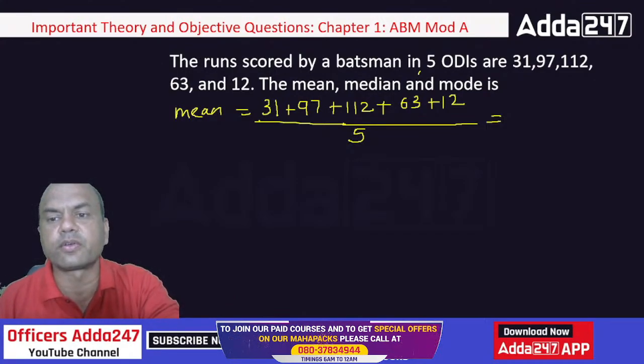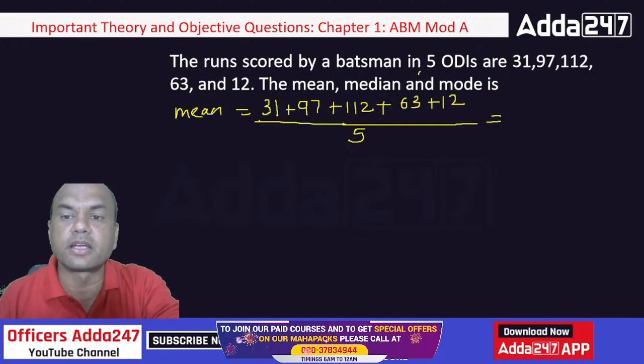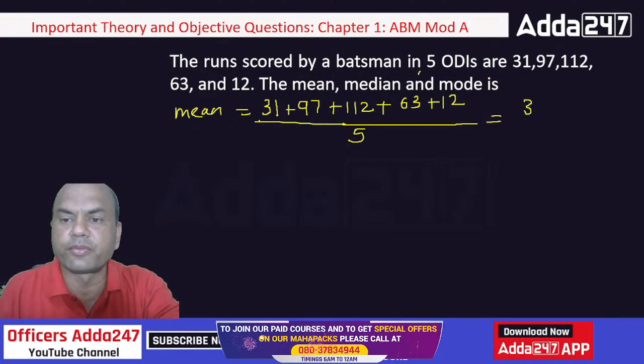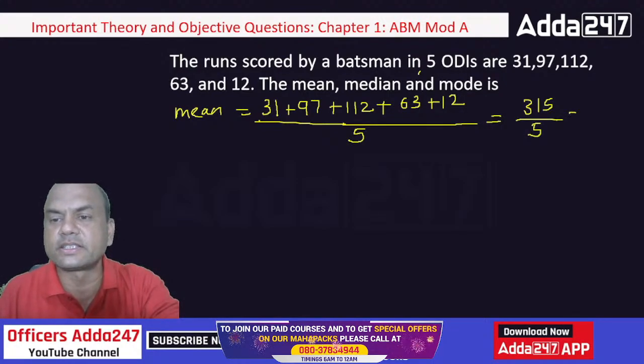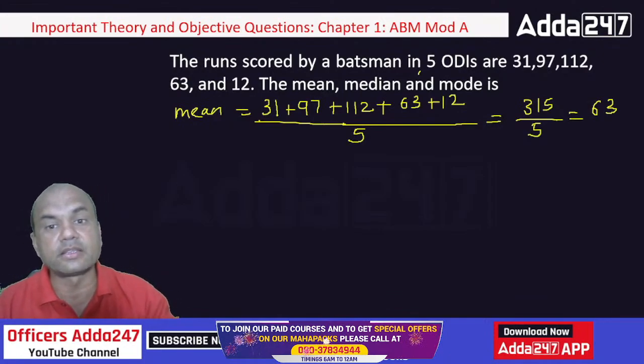Okay, what is the total? It is 315. So 315 upon 5. What is the answer? 63. So my mean becomes 63.